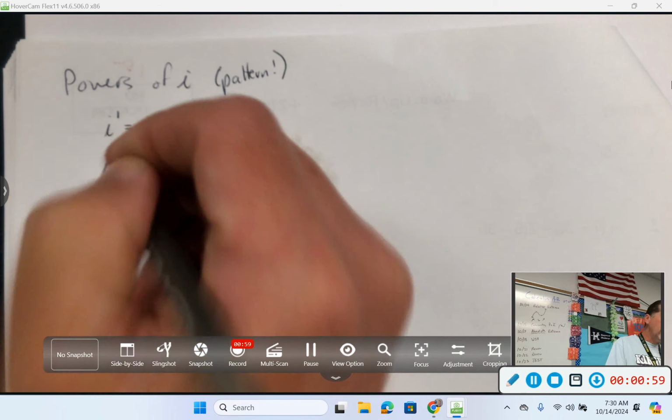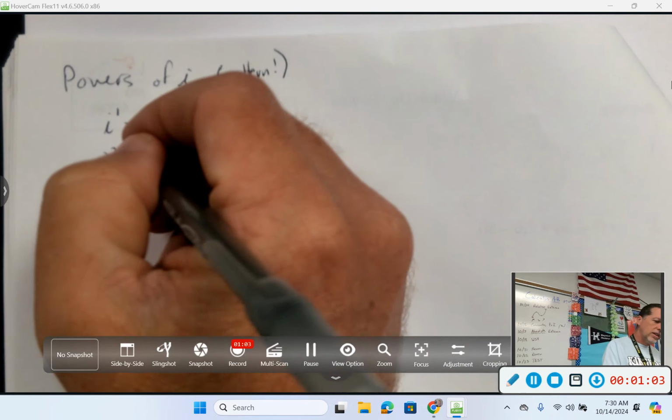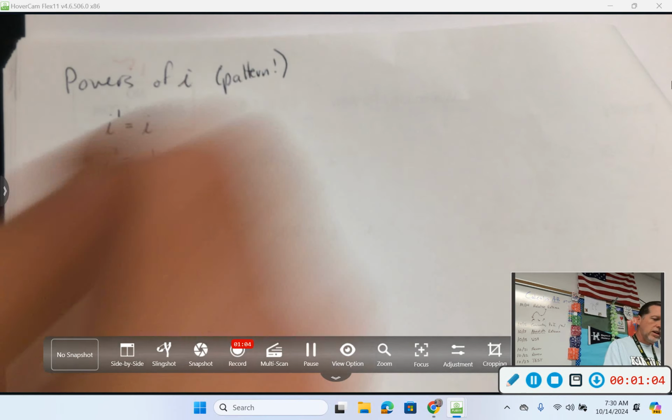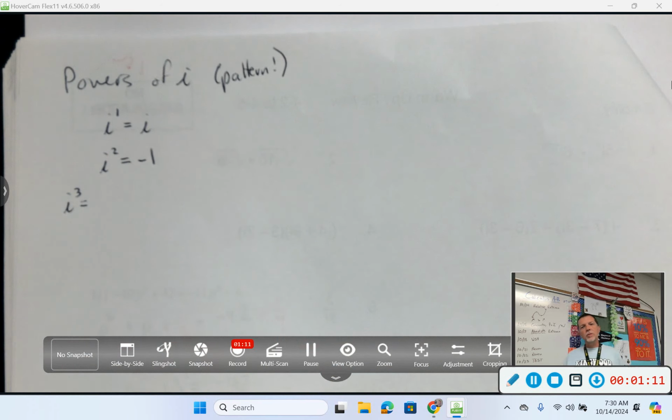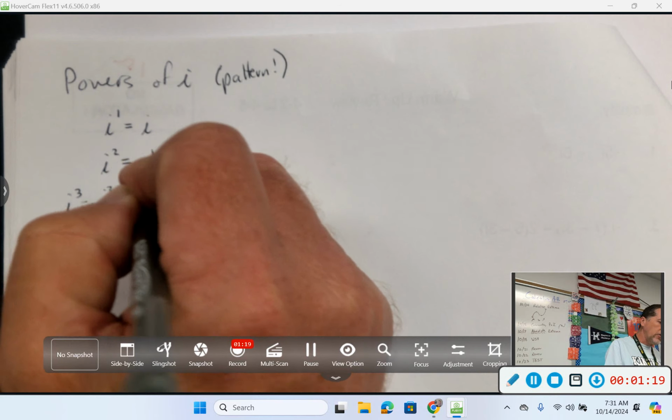i squared, you know what i squared is? -1. i cubed, okay, now we get a little bit weird, but I could rewrite i cubed as i squared times i to the first.